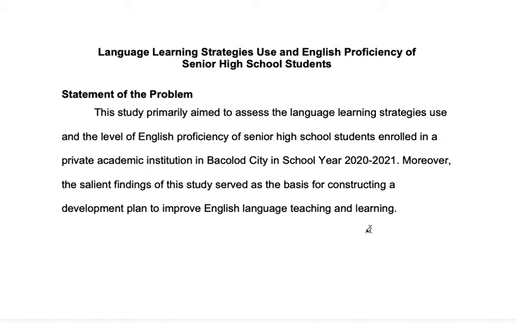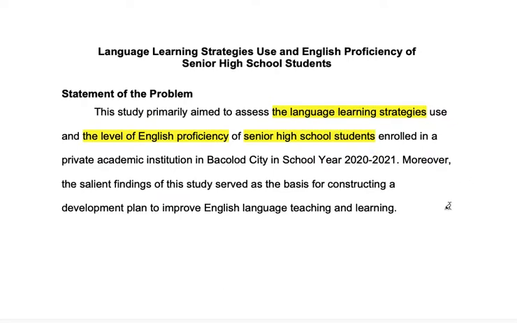It's written in the statement of the problem that the researchers are to assess the language learning strategies used and the level of English proficiency of senior high school students. So we have two main important variables here, and we have the senior high school students as our respondents.